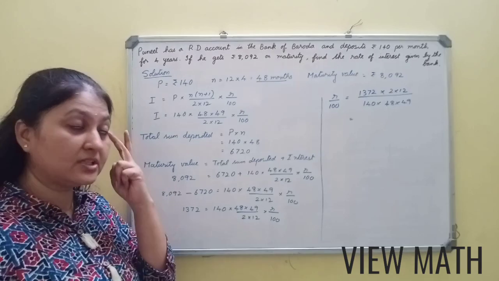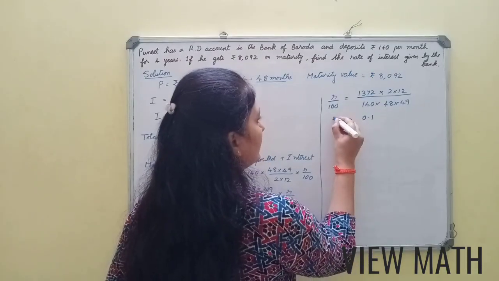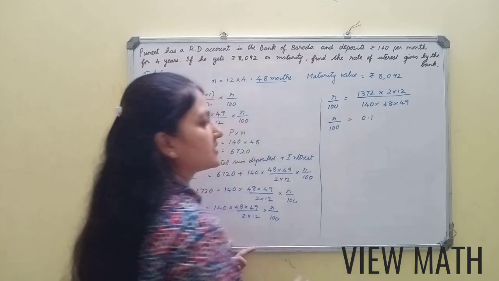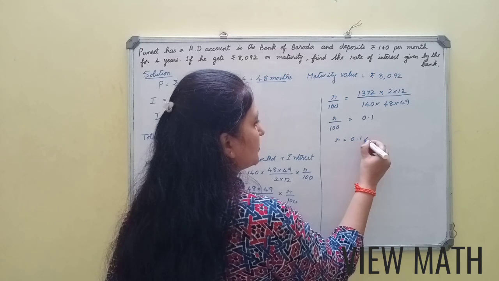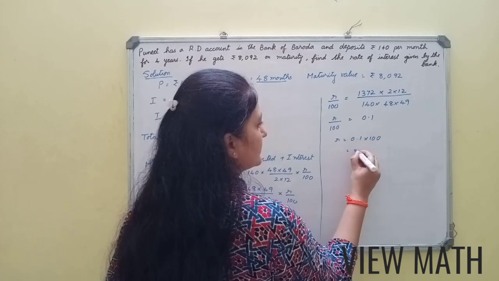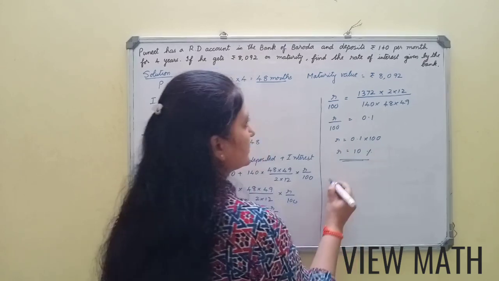So do the calculation and let me give the answer. It is 0.1. So R by 100 is equal to 0.1. R is equal to 0.1 into 100, which is equal to 10. So R is equal to 10%.